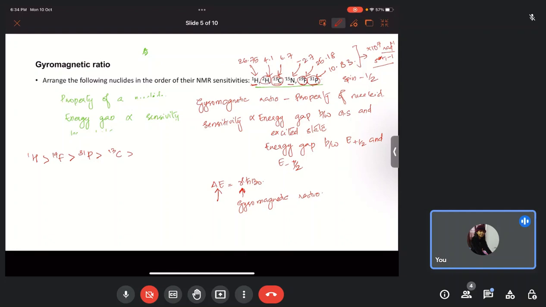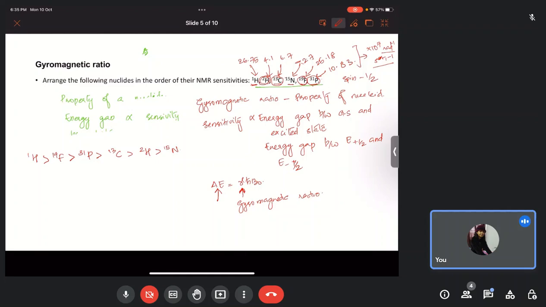The next one is deuterium, with a gyromagnetic ratio of 4.1. Next, 15N has the least gyromagnetic ratio value. It is not the negative sign that puts 15N at the end. It is the magnitude of the gyromagnetic ratio.